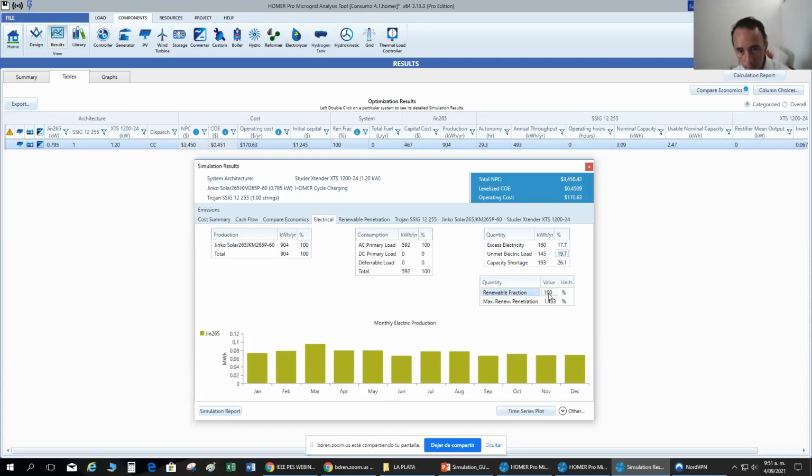It says 100%. In some other systems, it could be 50%, 60, 70%, because it has diesel. So using diesel, maybe 20, 15, 30%. If you ask me, I prefer everything produced by renewable.